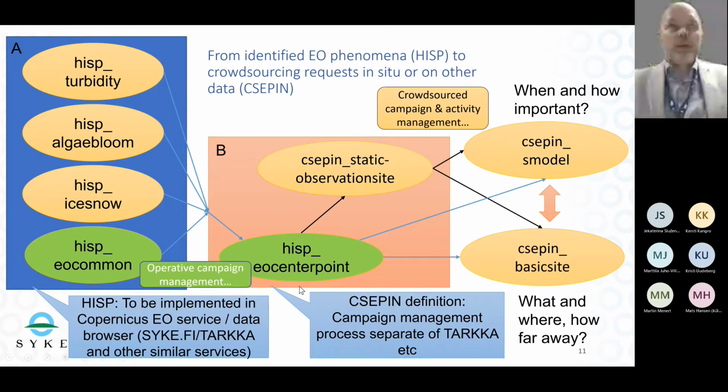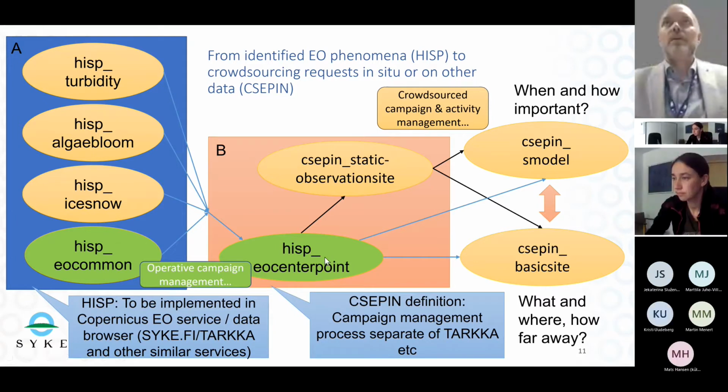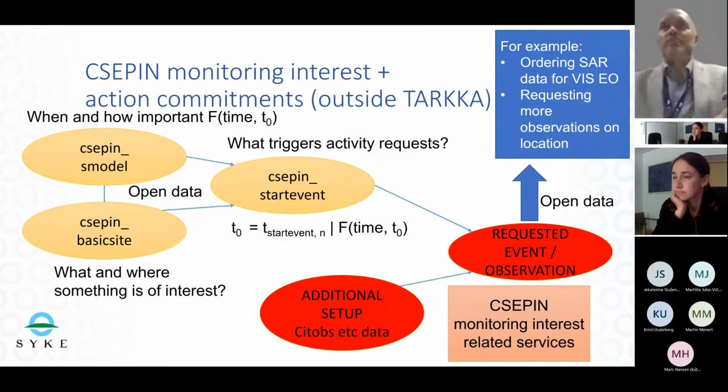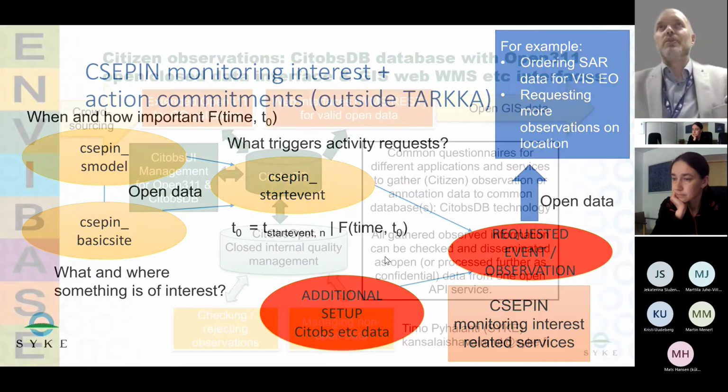No. We are getting a bit short of time, so this is basically what I explained, that there will be these tests on the CSEPIN too. We are late on the CSEPIN implementation, but I think in September there is more to show for you on this one.